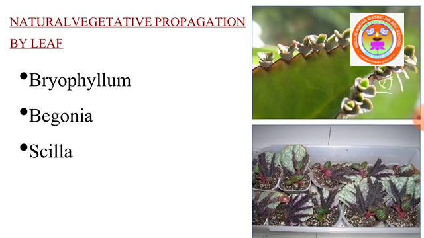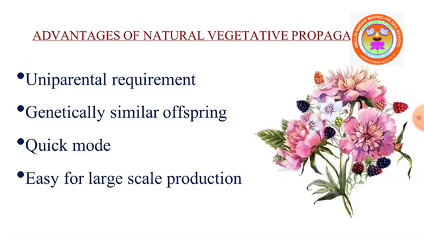But it has some advantages as well as some disadvantages. What are the advantages? Only one parent is involved in natural vegetative reproduction. So only one parent is required for the propagation. New individual plants produced through vegetative propagation are genetically identical.